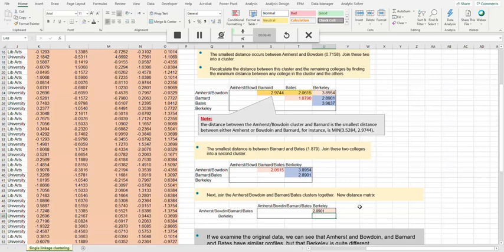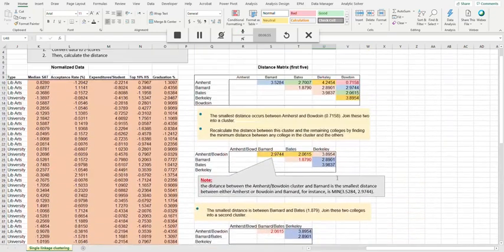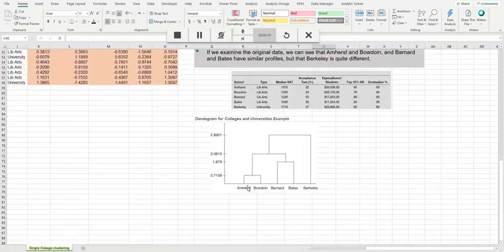In order to show the visual way of showing how we proceed in clustering, we use a dendrogram. In using a dendrogram, we put data points on the horizontal axis, and these are the distances. So if you remember, the first one that we merged together was Amherst and Bowdoin, and their distance was 0.71.